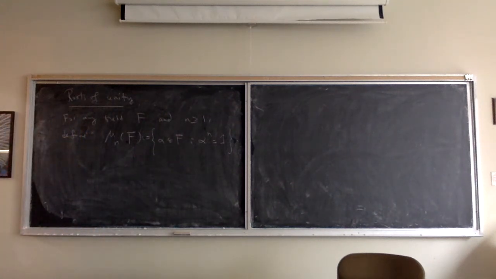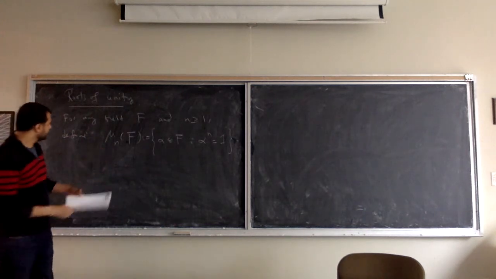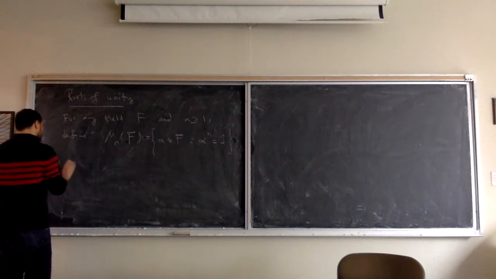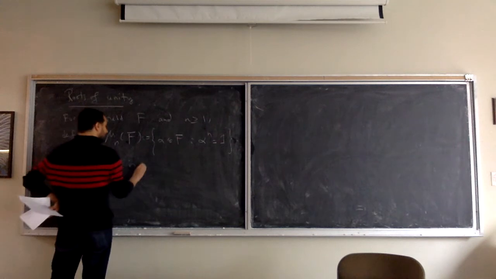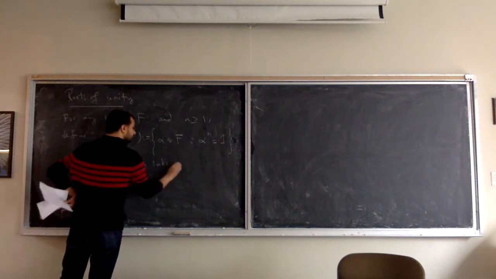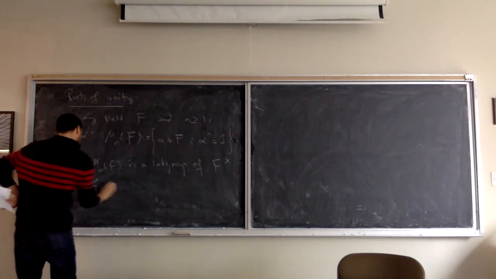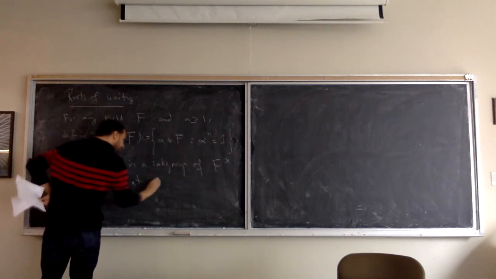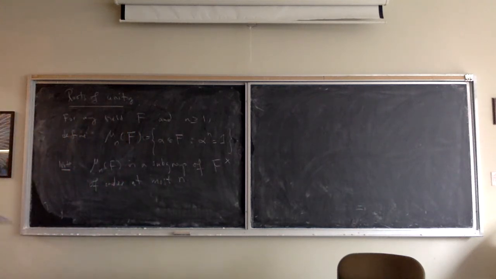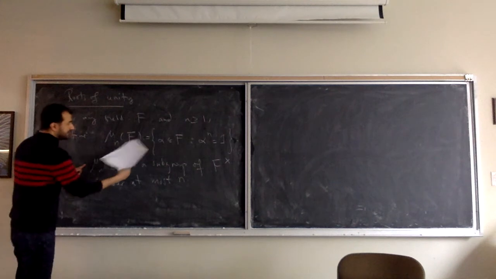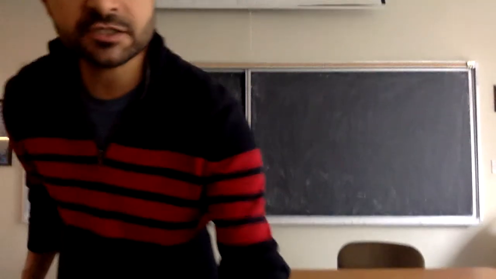Now, first observation was that mu n of F is a subgroup of F star of order at most n. And the reason for that was the following. You can very easily check that this is a subgroup of F star by checking the subgroup conditions if you wish.